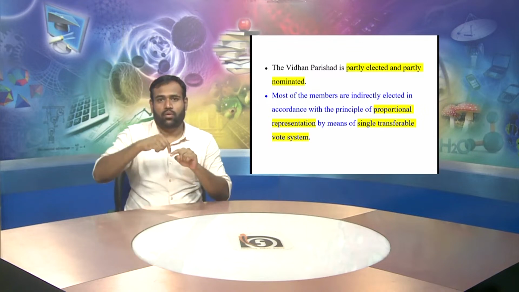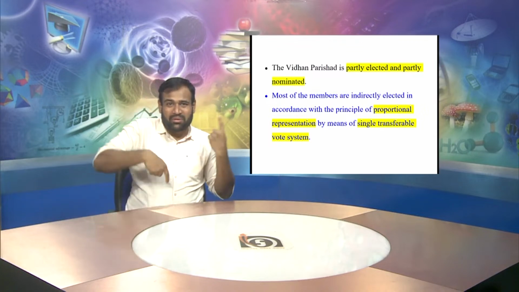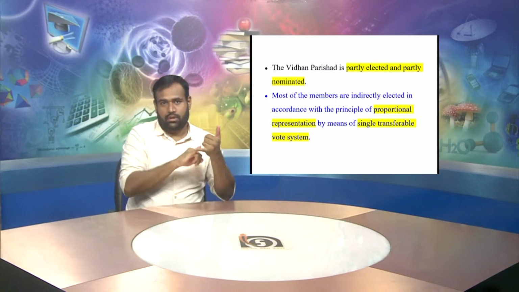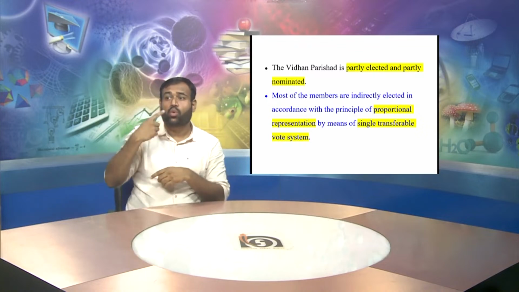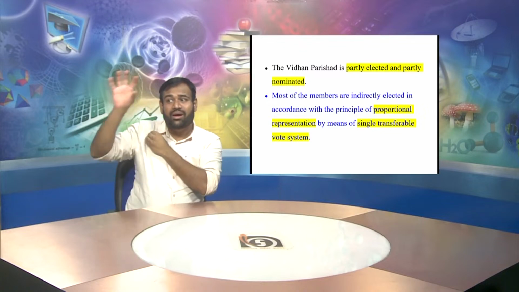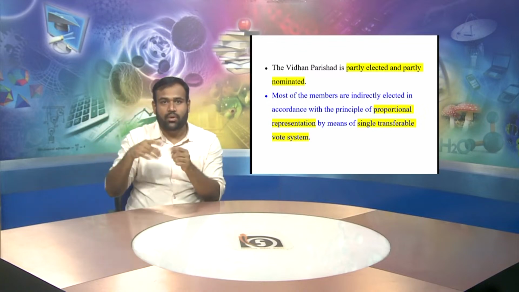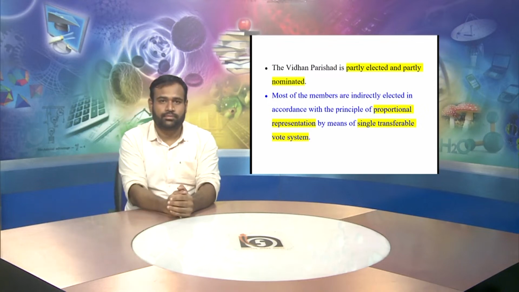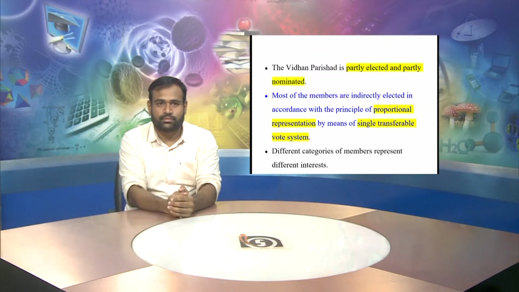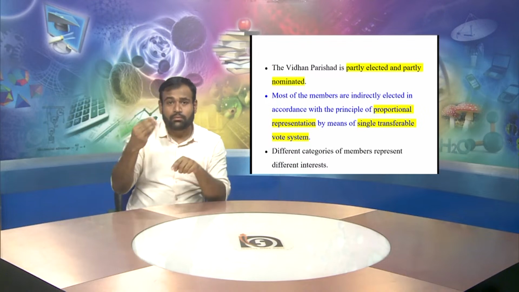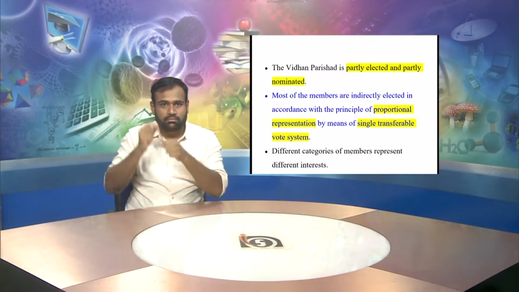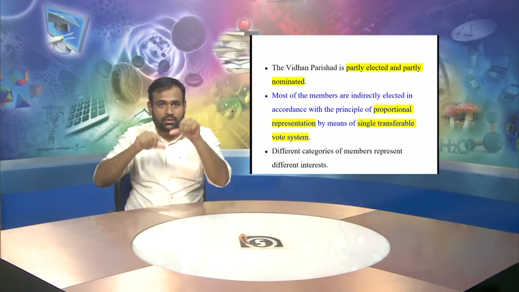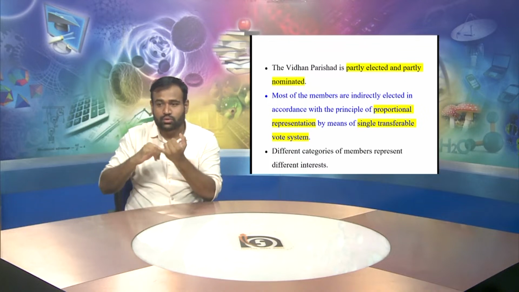Most of the Vidhan Parishad members are indirectly elected in accordance with the principle of proportional representation by means of the single transferable vote system. And different categories of members represent different interests.